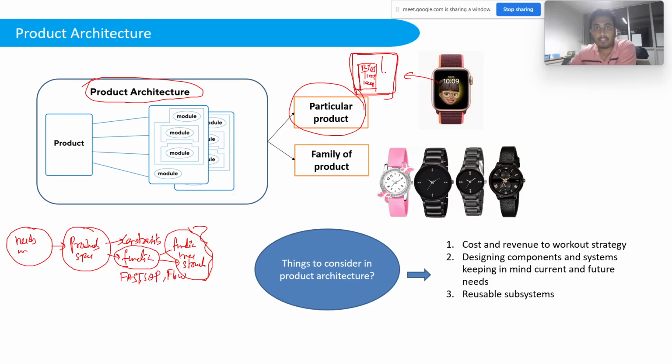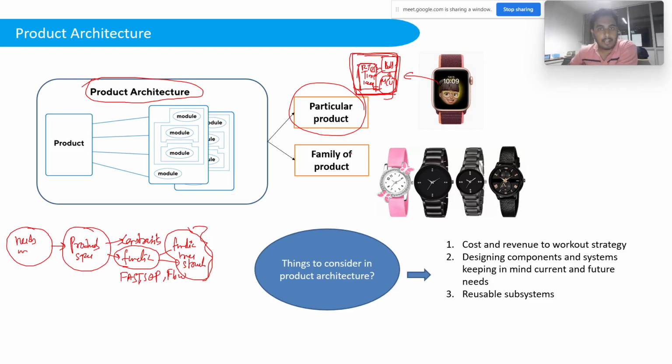Then there are batteries, and some sort of microcontroller unit which will take care of various other functionalities. So this is how you decide the internal architecture of a product.